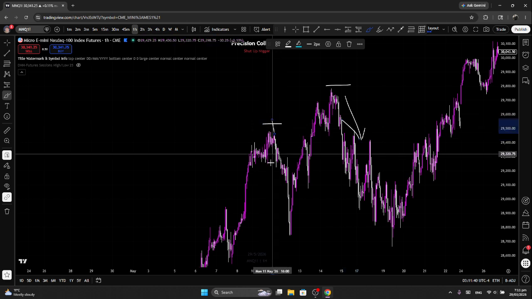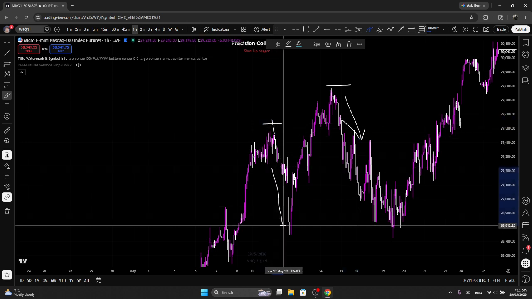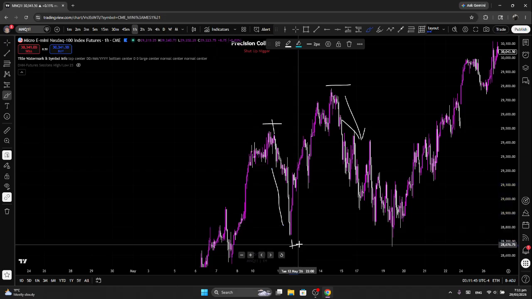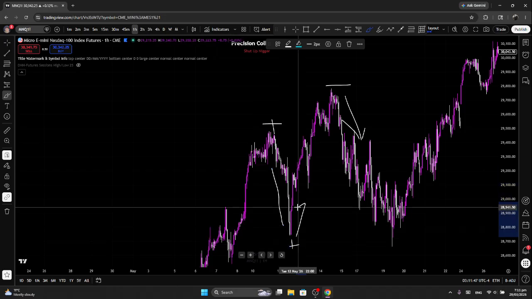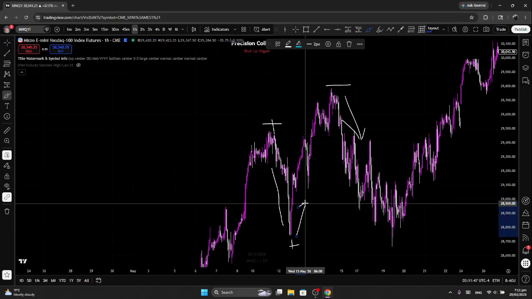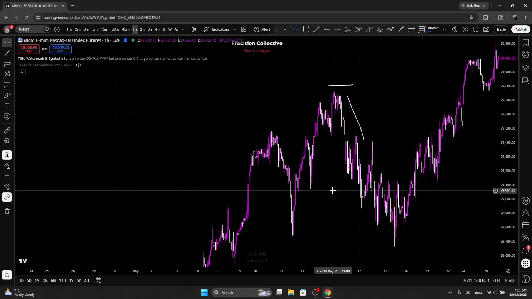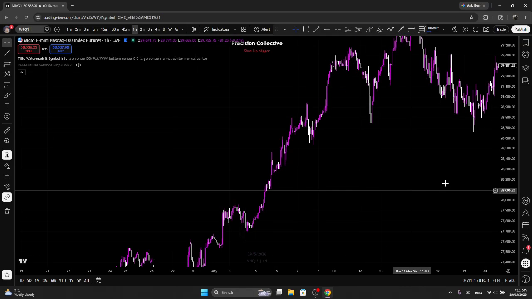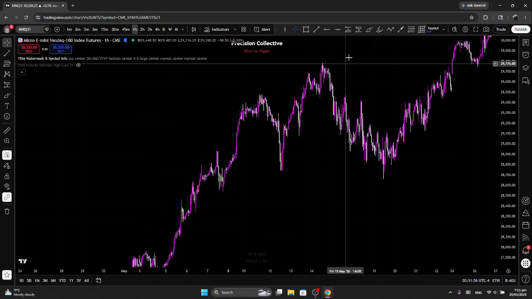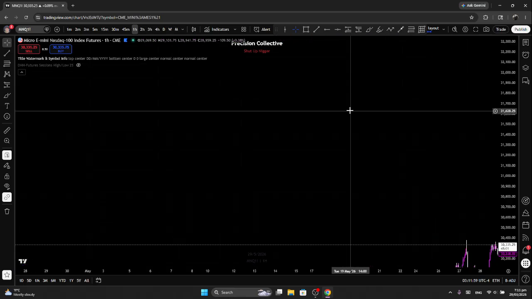Sellers take control here, then buyers take control here, and that creates the market to move up. Almost like the market will never stop moving in ups and downs. The market will always move.